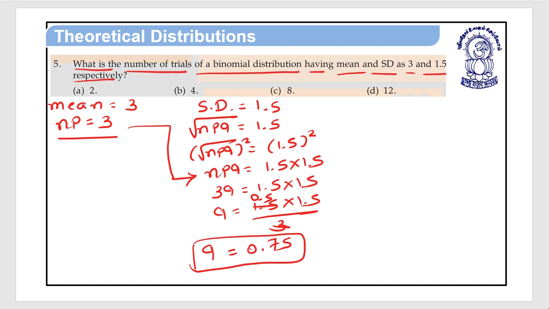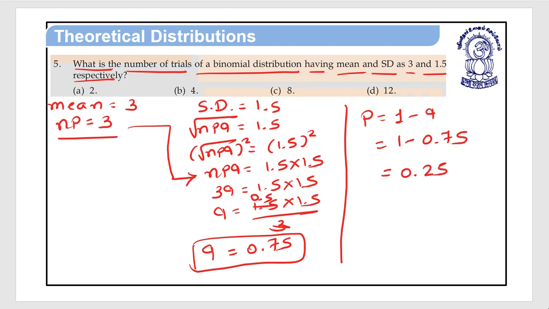Here we can find out p from q. p is equal to 1 minus q, 1 minus 0.75 is equal to 0.25.